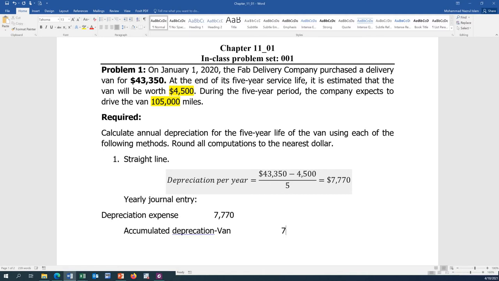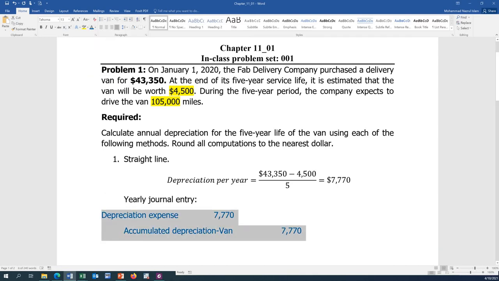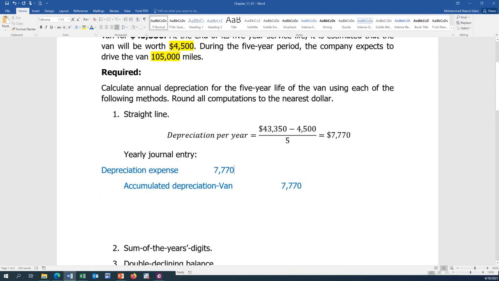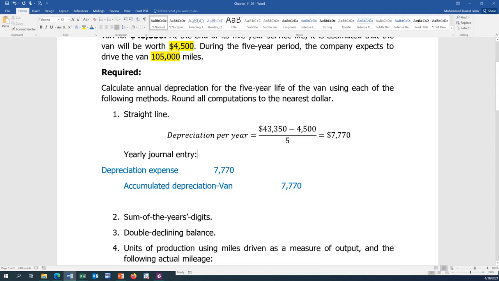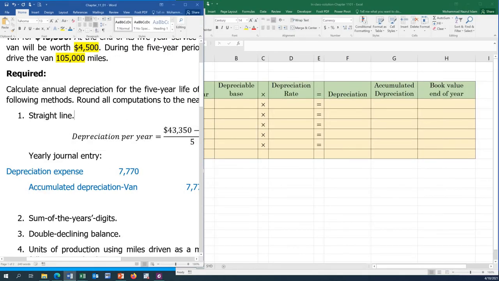This one is van. So this is the yearly journal entry for depreciation. Every year we will prepare this journal entry for the depreciation.